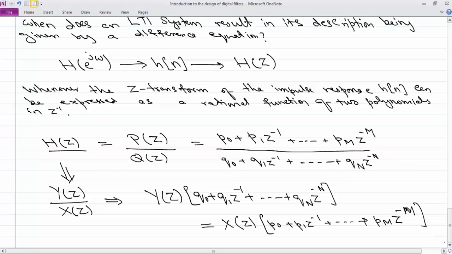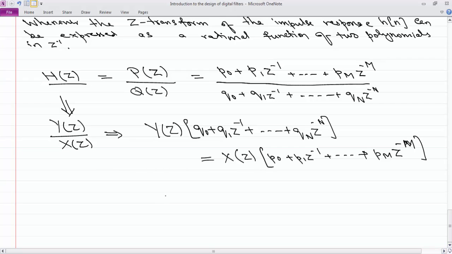Right? And now if I take the inverse Z transform, then I just use the inverse properties, right? So the inverse Z transform of q0 Y(z) is simply q0 y[n] plus the inverse Z transform of q1 z inverse Y(z). We know z to the negative some power is nothing but a shift in time.